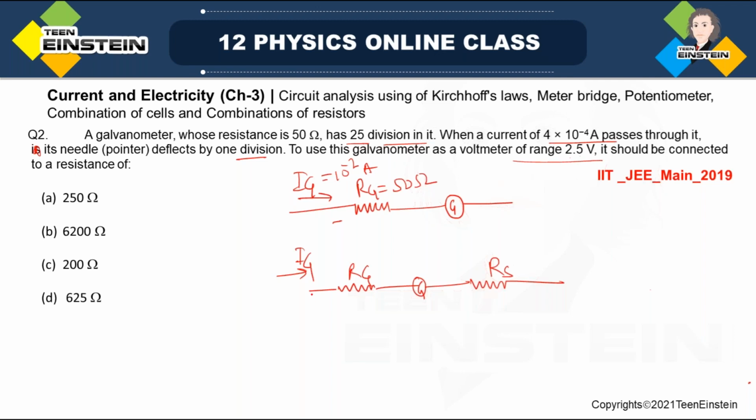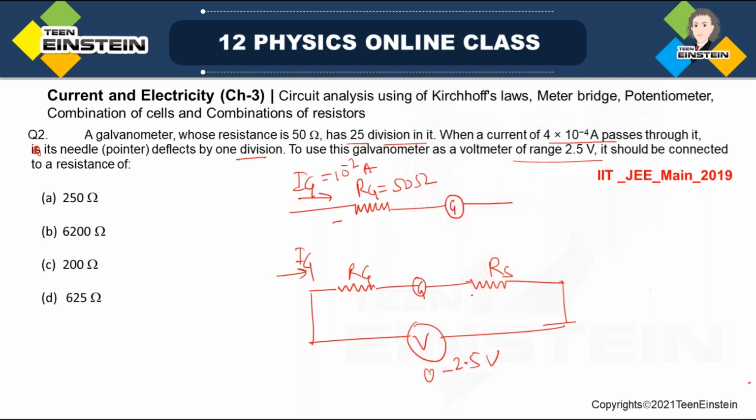So look, the voltage drop across this whole setup should be 2.5 volt, given. Okay, so I want the range to be 0 to 2.5.